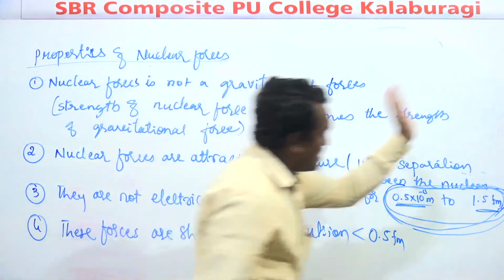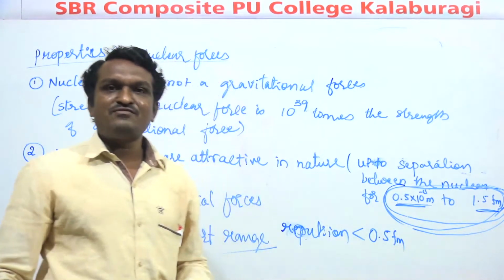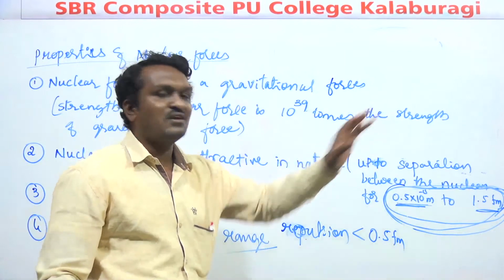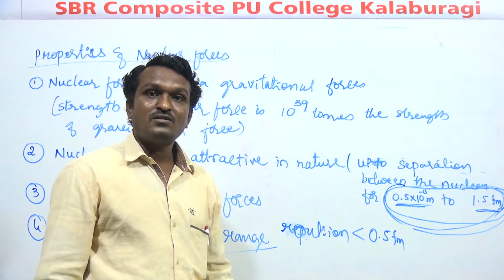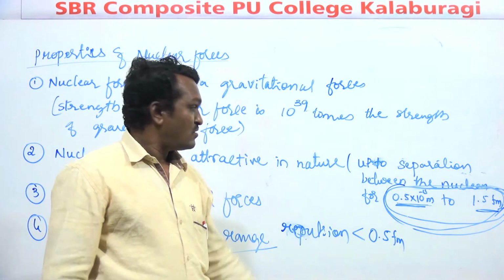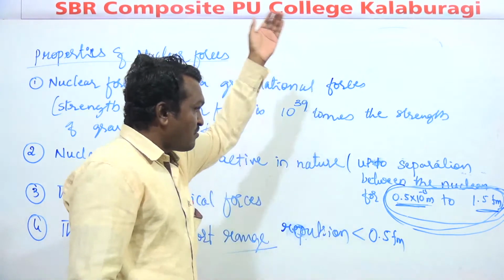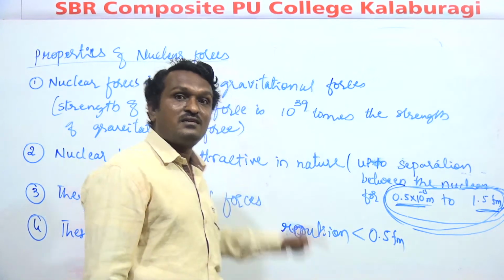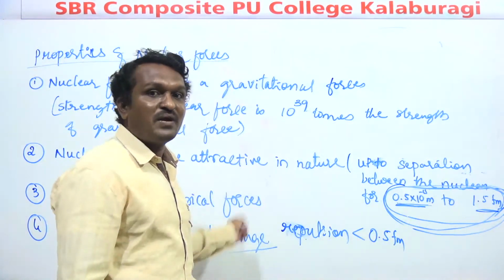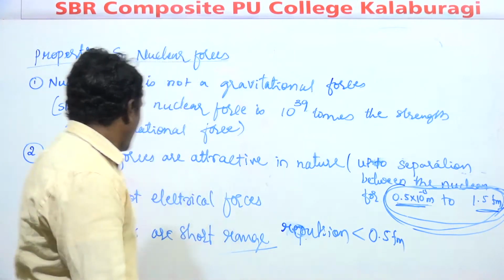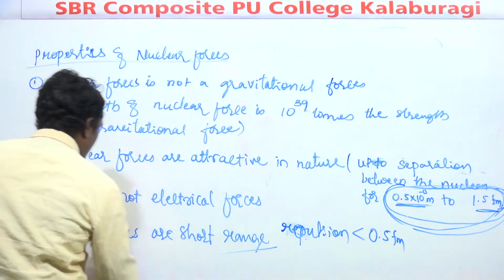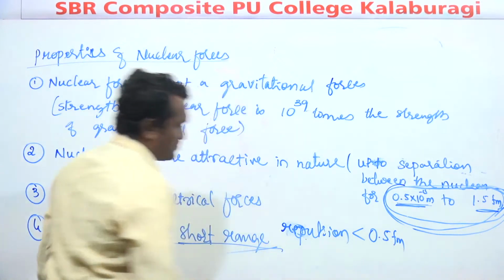If it is greater than 1.5 Fermi, say around 2 Fermi, then the nuclear force falls to one third compared to within the region. So nuclear forces are short range forces.